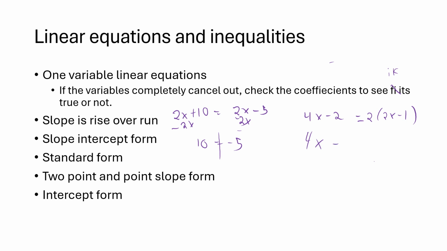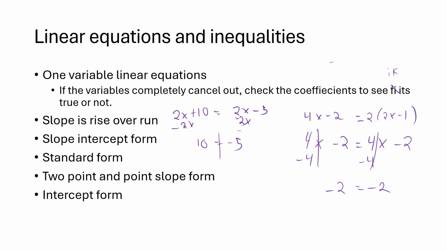But what if we get something like this? Everything cancels out, and negative 2 equals negative 2. That's true. Negative 2 does equal negative 2, because that's how numbers work. This means that this statement is true.